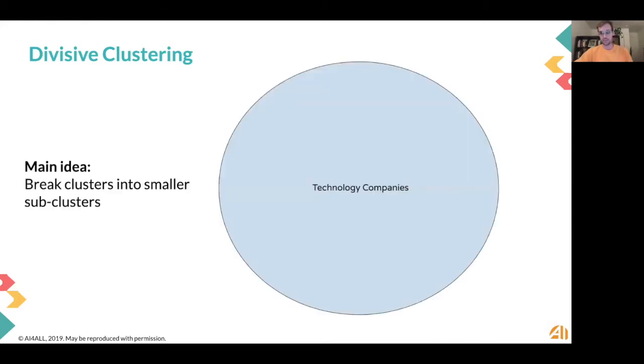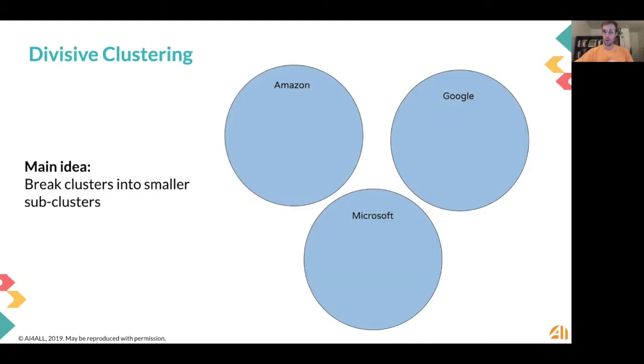So the main idea behind divisive clustering algorithms is that you can start by breaking the overall space into a small number of clusters. For example, all software can be broken into Amazon, Google, and Microsoft. You may be able to think of a few others, but bear with the example.